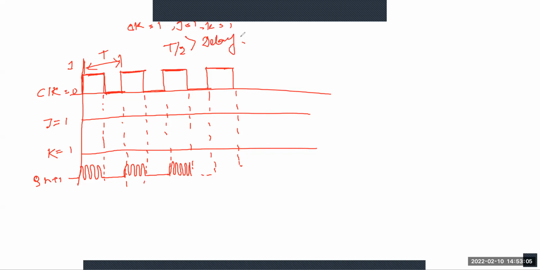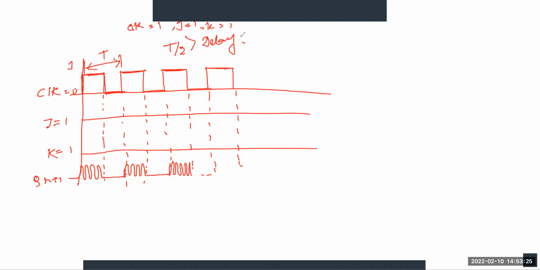So what is delay? Delay means that once you have changed the input and made the output high, the gate requires its own time to generate the output. This is called the delay.